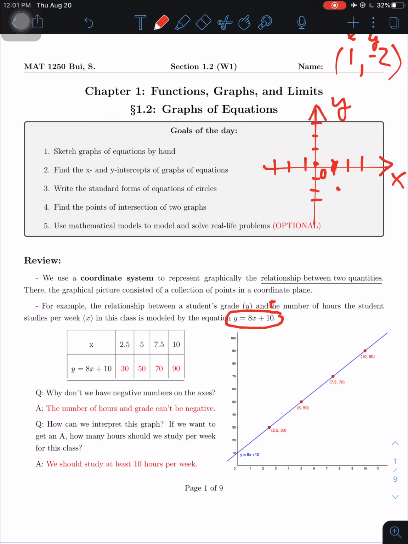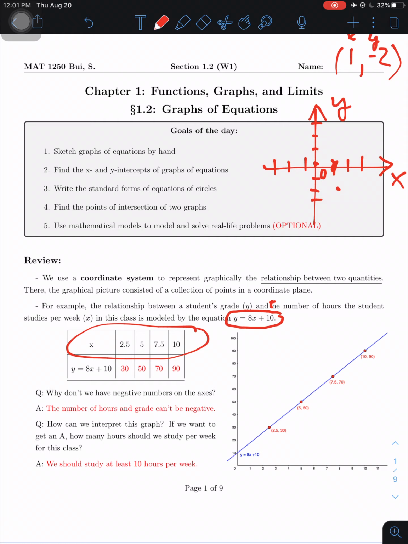So how can we graph this, right? To graph a line, you actually only need 2 points. But to elaborate more for the first example in our class, let's do 4 points, okay? In fact, you can choose any number for x that you want to. But personally, I go by 2.5, 5, 7.5, and 10. But really, you can choose any number for x.